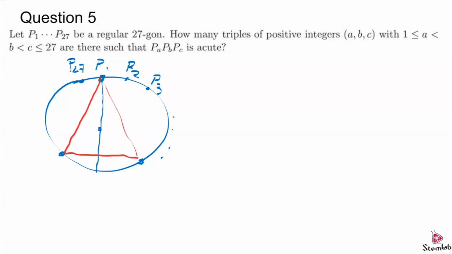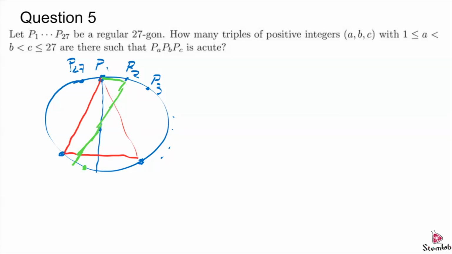So for example, if we have a triangle that includes P1, P2, then we also have to draw the diameter from P2. And there's actually only one point across that will satisfy that.